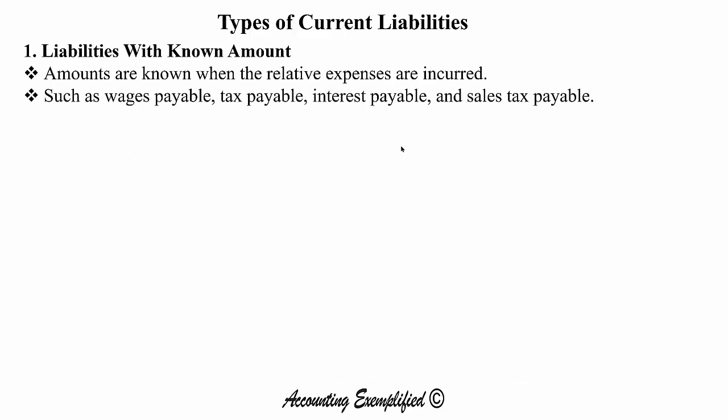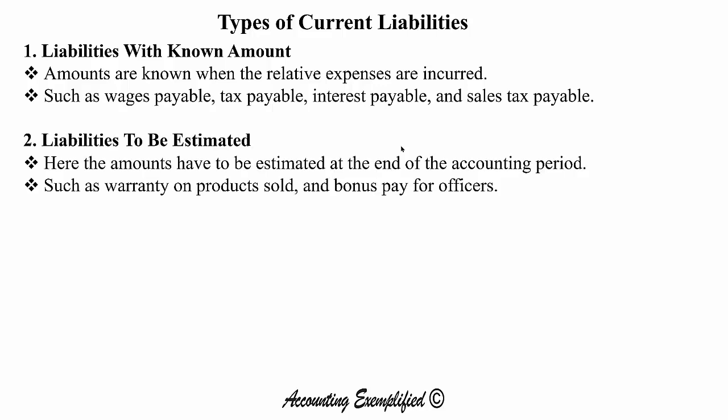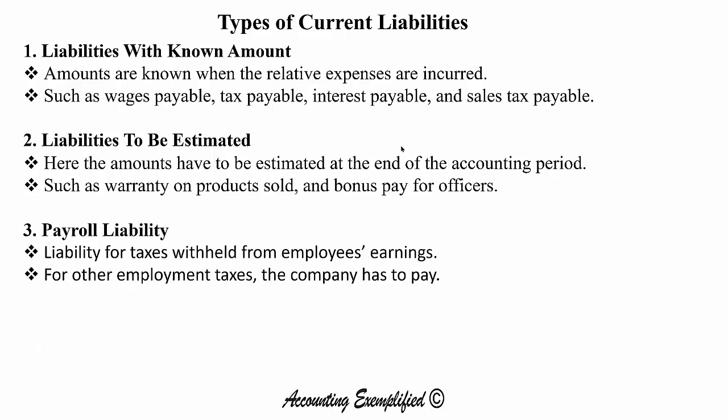Now, what are the different types of current liabilities? First, liabilities with known amount. The second type is the liabilities to be estimated. And the third one is the payroll liability. Here, the company has a liability for the taxes withheld from the employee's earnings.